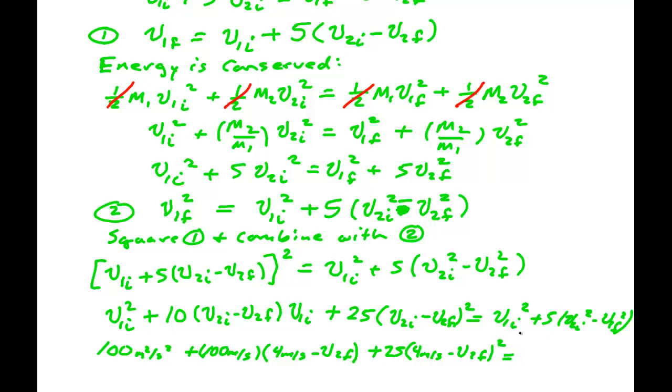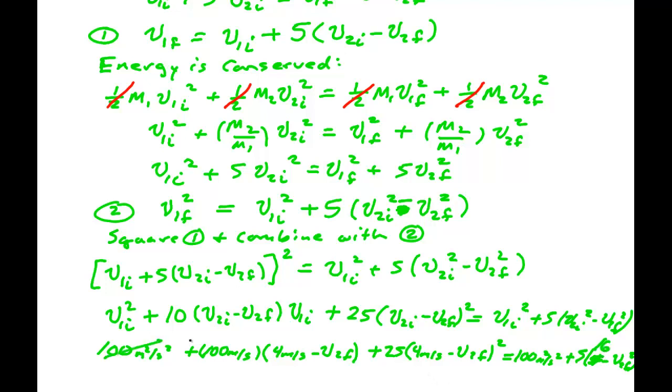And all of this is equal to 100 meters squared per second squared plus 5 times 4 minus V2F squared. I'm sorry, this is not 4, this is 16.